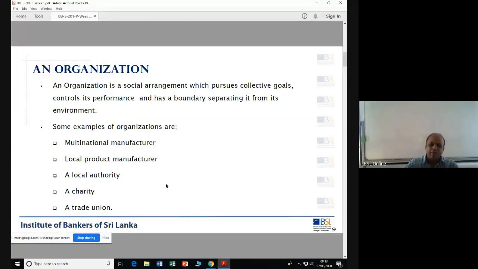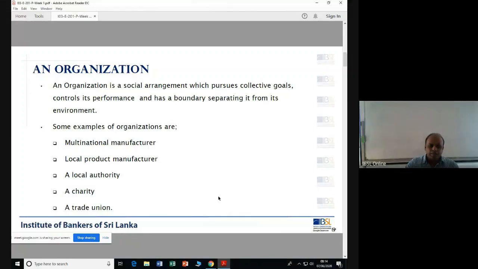Thirdly, we might have a local authority, say for example, the electricity board. The electricity board has the objective of serving the people by providing electricity without any interruption. So there is a clear goal defined for these authorities.